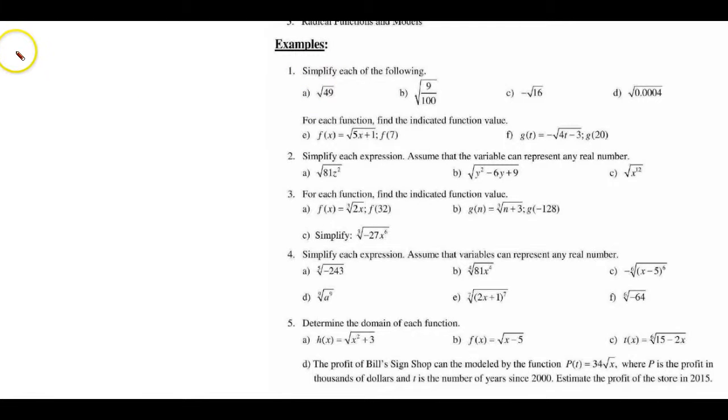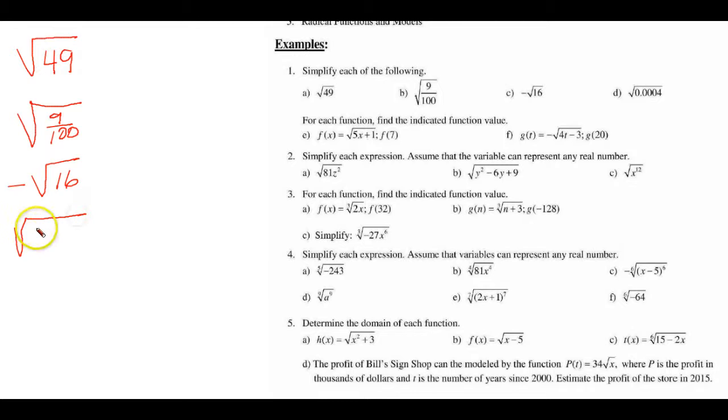So we have here the square root of 49, then the square root of 9 over 100, then the negative square root of 16, and then the square root of 0.004.